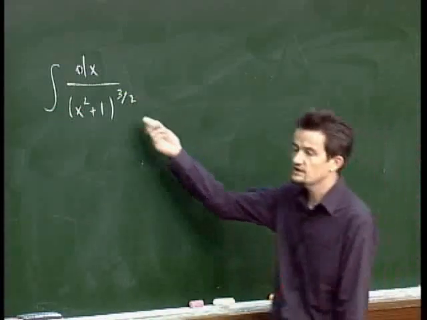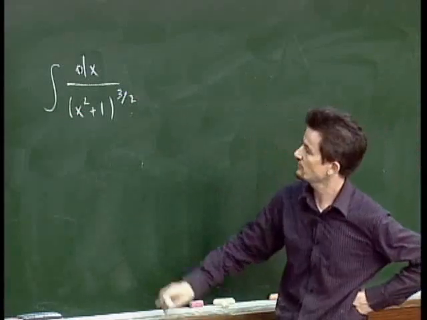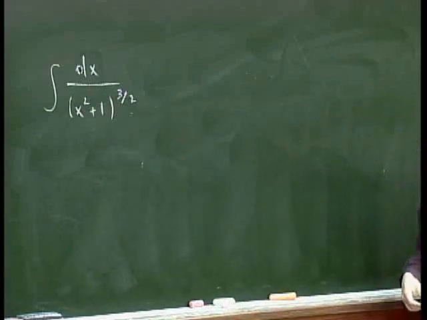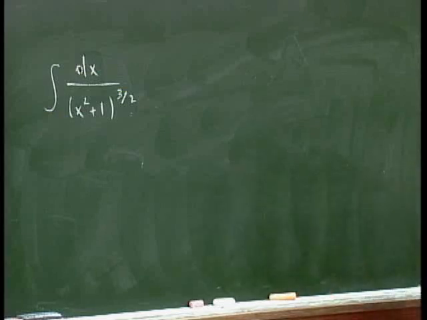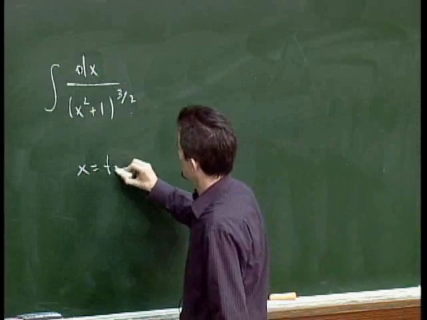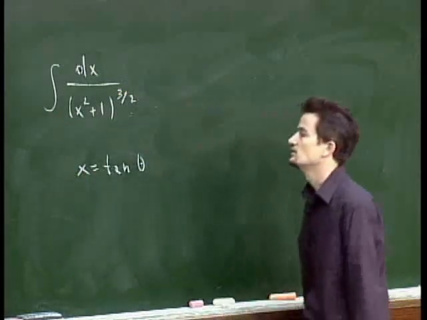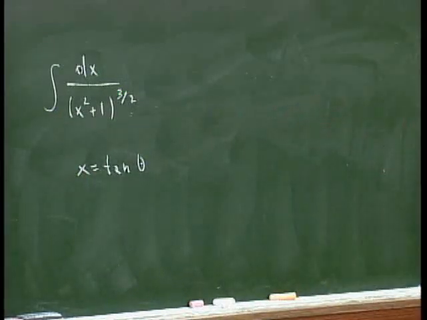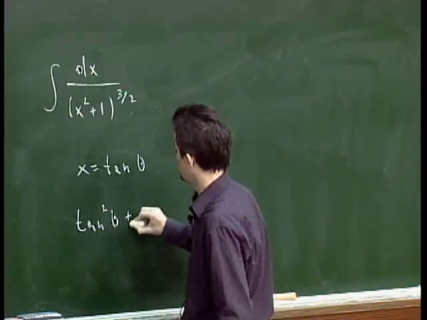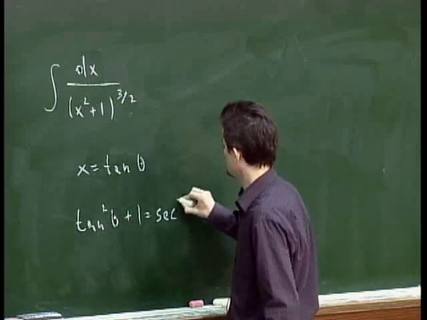In this case you also have the square root of x squared plus 1, everything cubed. Whenever you see something like this, you can try the method of trigonometric substitution. It might work. I have already explained that we are going to substitute x equal to the tangent of theta, because then we know that tangent squared of theta plus 1 is the secant squared of theta.